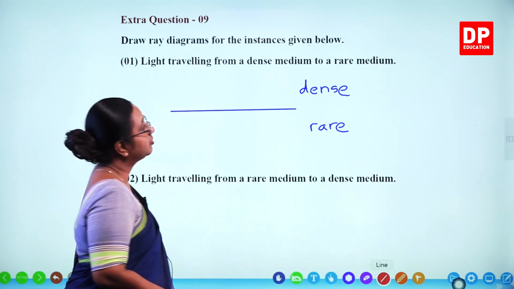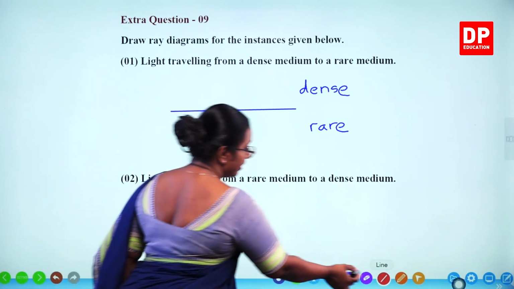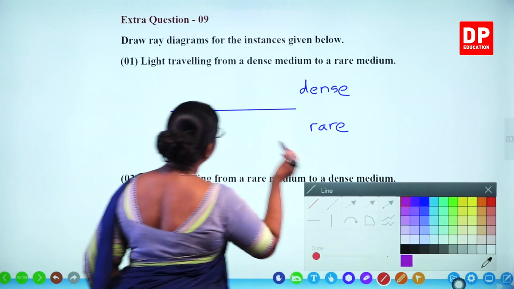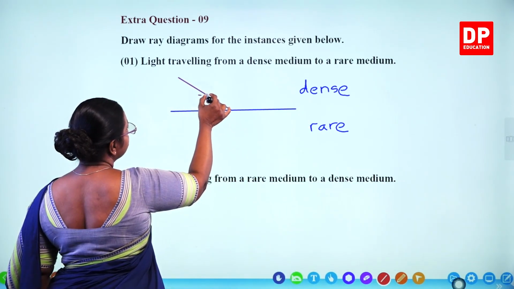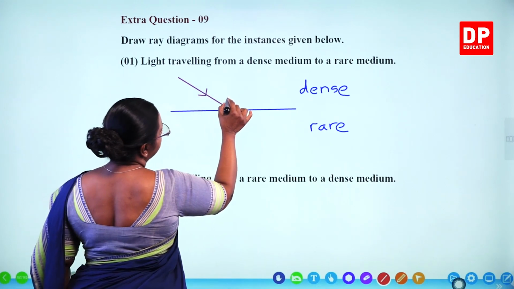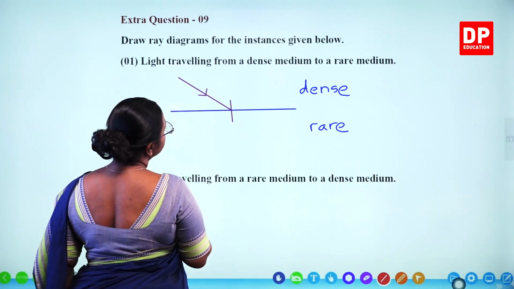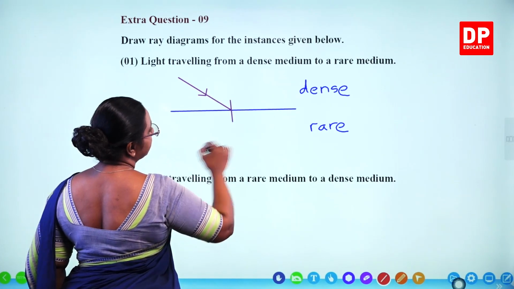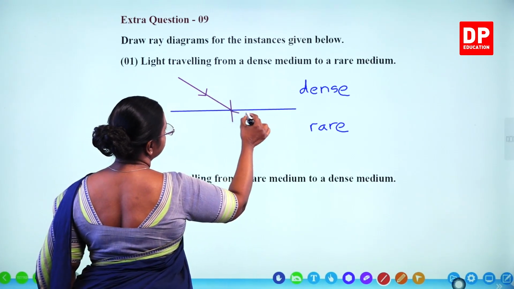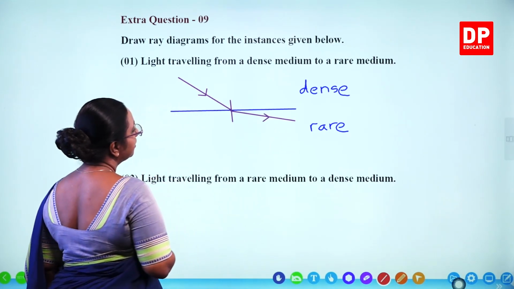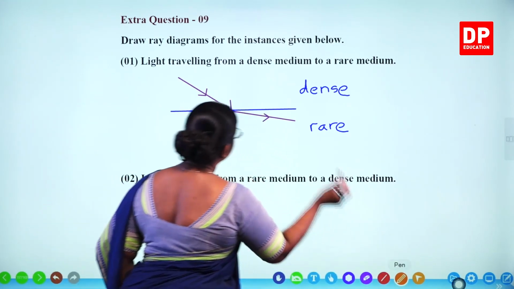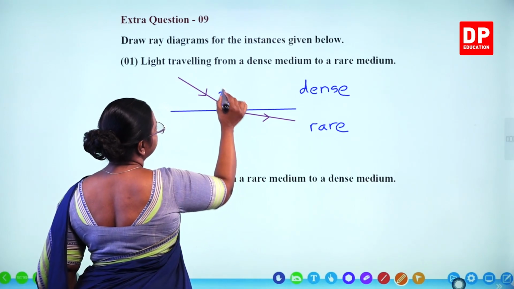And then we have to show the light rays. Again, I can use different colors. Then it's easy. A ray that is incident like this. And the normal will be here. So this is a denser medium. This is a rarer medium. So the ray refracts away from the normal. And this is the angle of incidence.